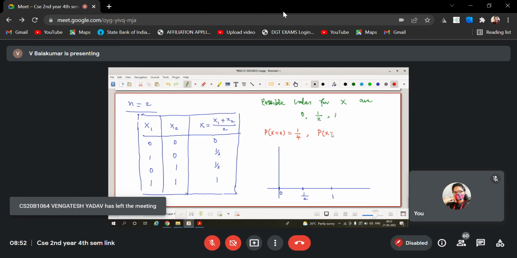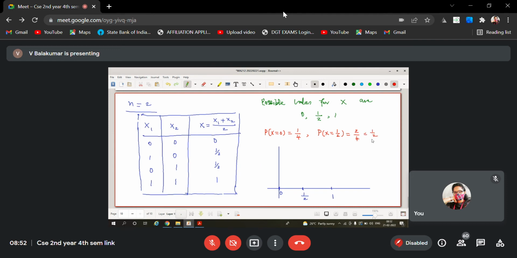Probability for x equal to half. Can somebody tell me what is the probability? Half. Very good. 2 upon 4. Half. What else is remaining? What is the probability for 1? Among the 4 possible cases, only once are we going to get this 1.